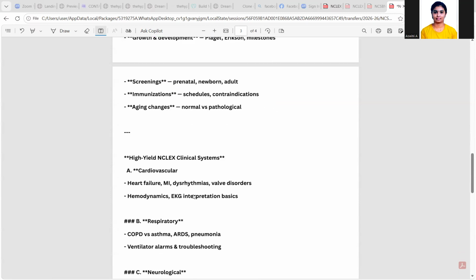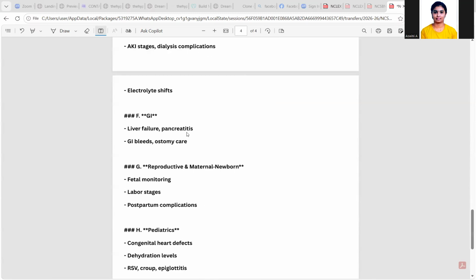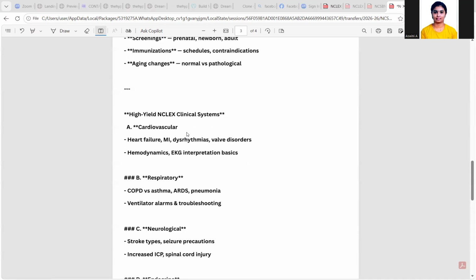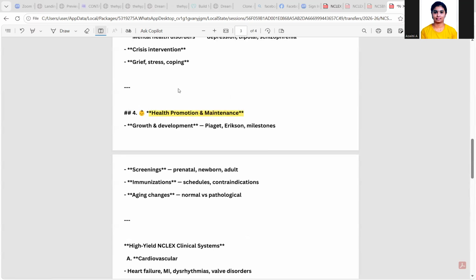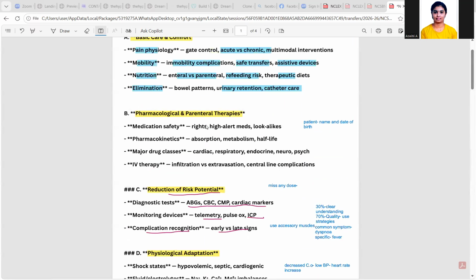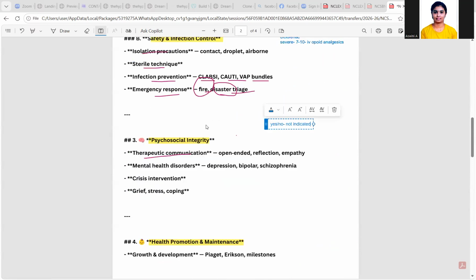Okay, and the cardiovascular system, each system has some important topics which we have already discussed earlier. So these are the main topics which come under the criteria of the NCSBN. If we are thorough with each topic and each criterion, the question analysis will be easier for us.